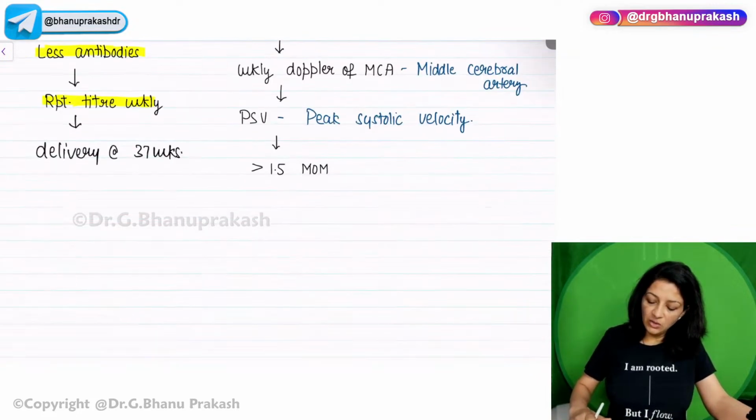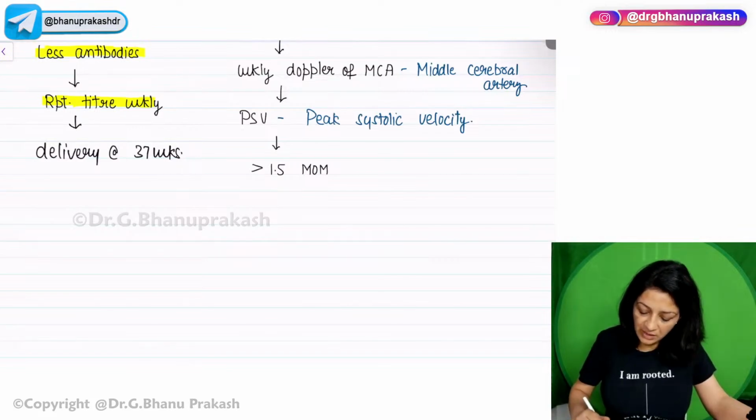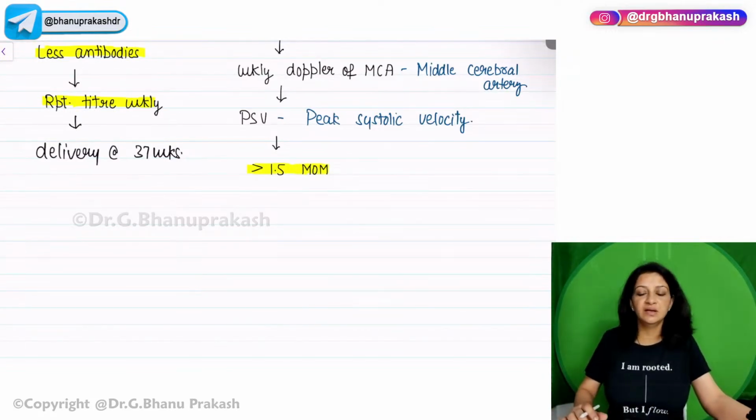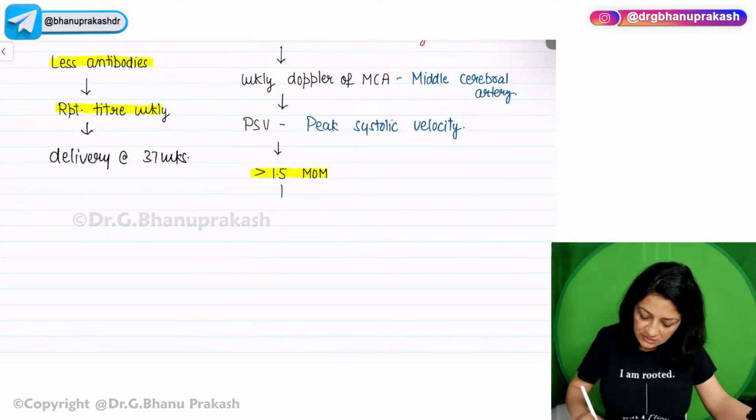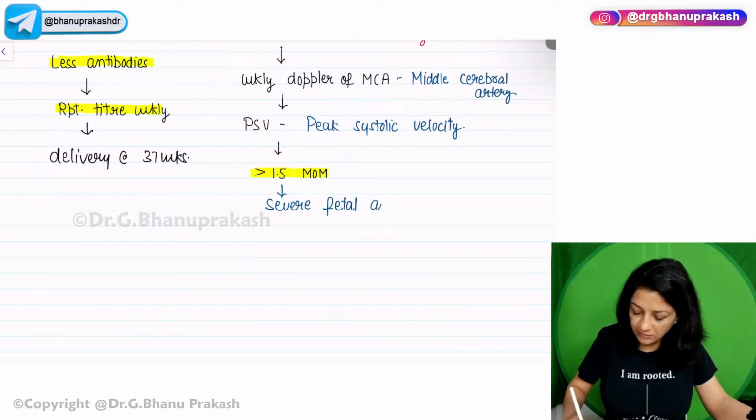If the value is more than 1.5 MoM, multiple of median, then it means severe fetal anemia.